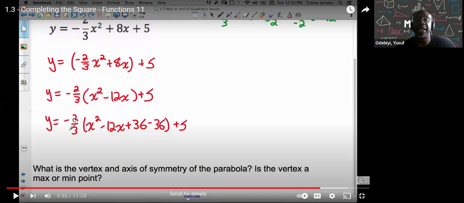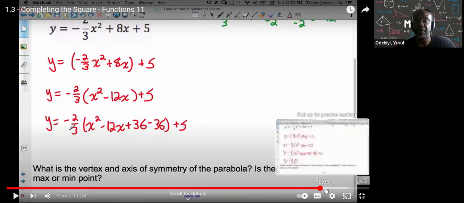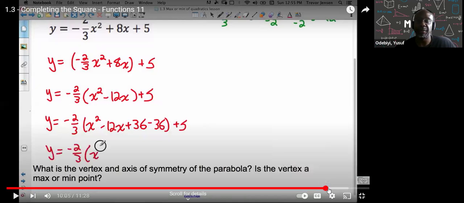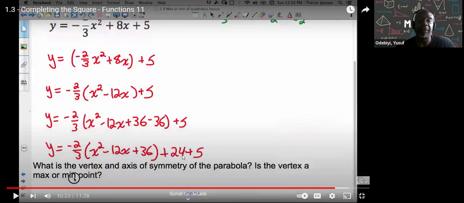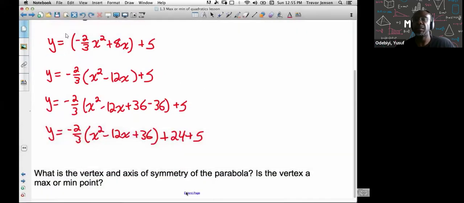That's negative 36 times negative 2, which is plus 72, divided by 3. 72 divided by 3, I won't do the math, you'll see it here, right? It's 24. So when I take out that negative 36, I multiply by a negative 2/3, I'm going to get plus 24, and then plus 5. And now we just go by what we've been doing before. Okay, I'll play the rest of the video. A bit, give us some more room.